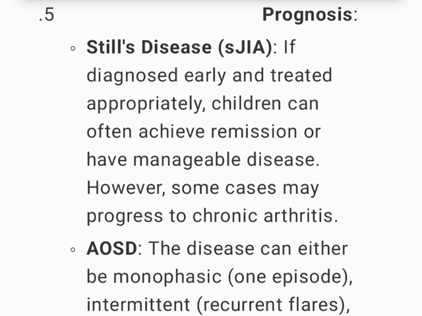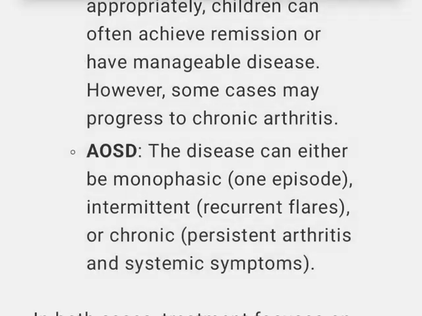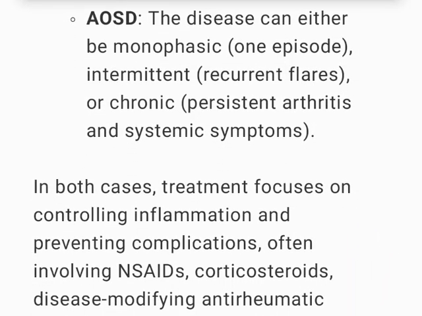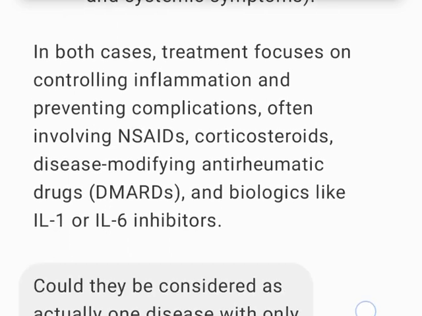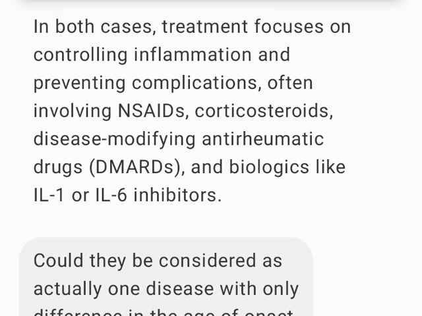However, some cases may progress to chronic arthritis. AOSD: the disease can either be monophasic, one episode, intermittent, recurrent flares, or chronic, persistent arthritis and systemic symptoms. In both cases, treatment focuses on controlling inflammation and preventing complications, often involving NSAIDs, corticosteroids, disease-modifying anti-rheumatic drugs, and biologics like IL-1 or IL-6 inhibitors.